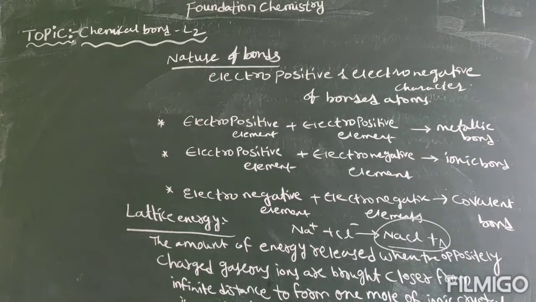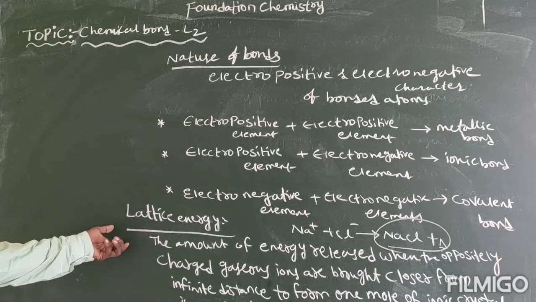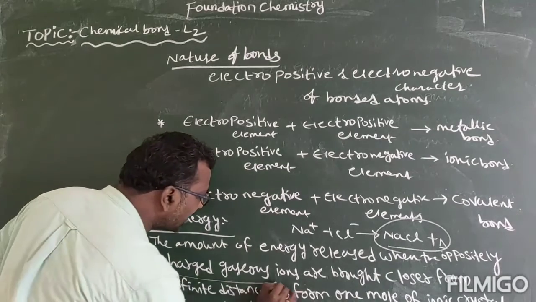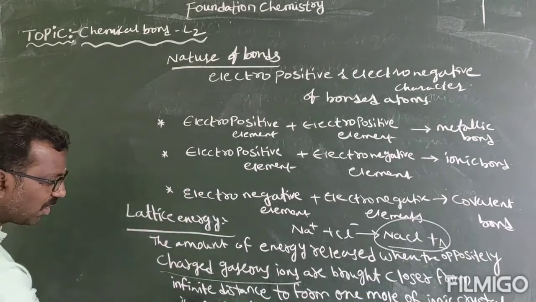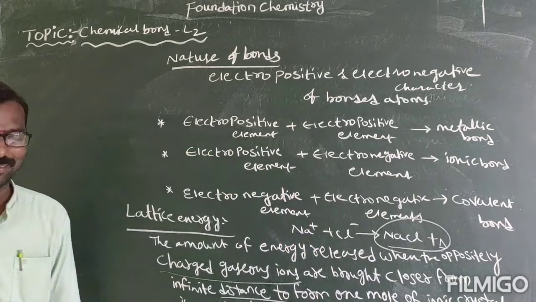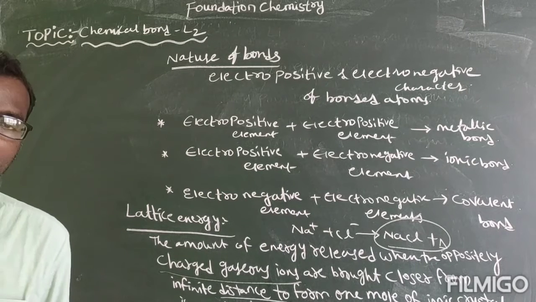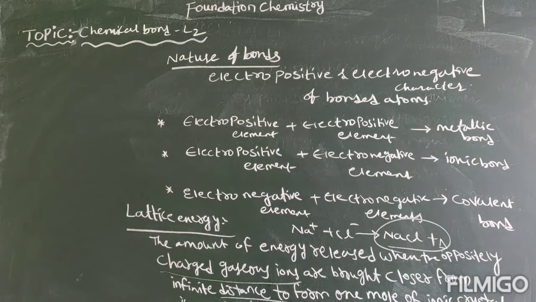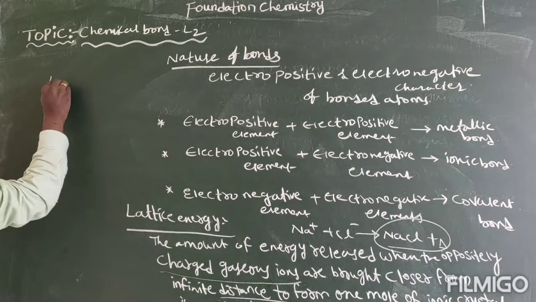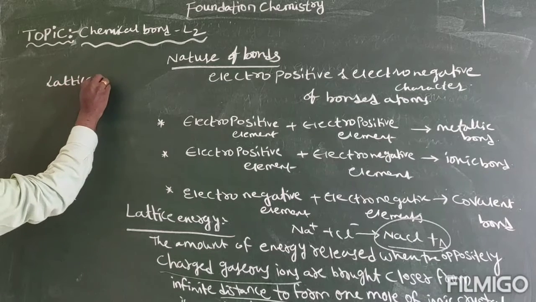What I can conclude is that lattice energy depends upon the charge of the ions and also on the distance between them. I can write: lattice energy will depend on the charge on the ions and the distance between them.